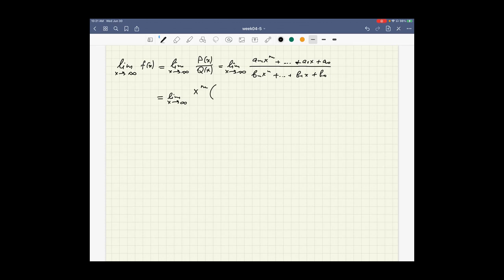In the numerator, in parentheses, we will have a sub m plus a sub m minus 1 times 1 over x plus etc. plus a1 times 1 over x to the power m minus 1 plus a sub 0 times 1 over x to the power m.